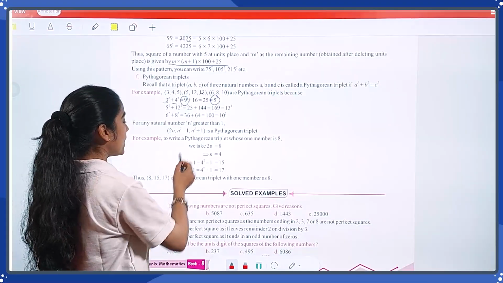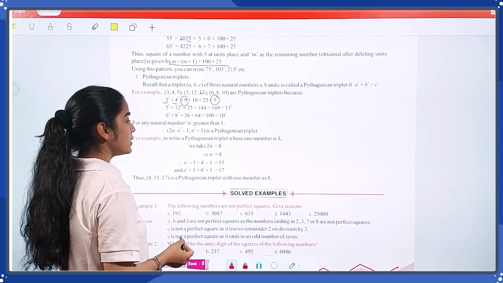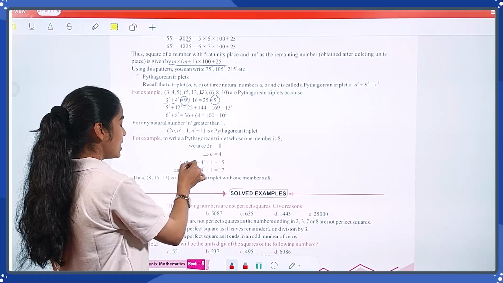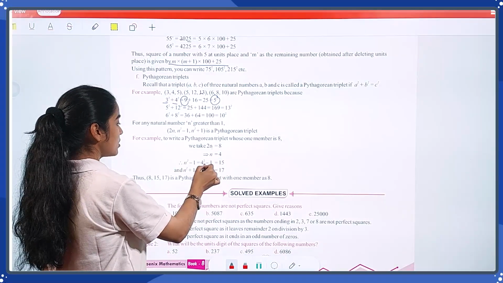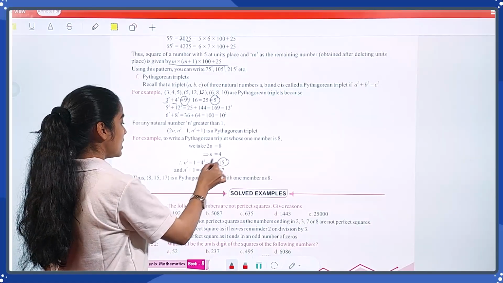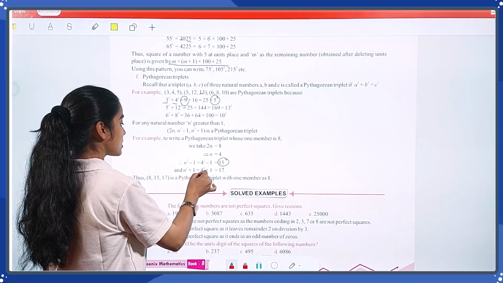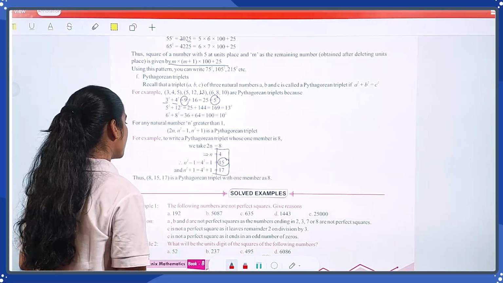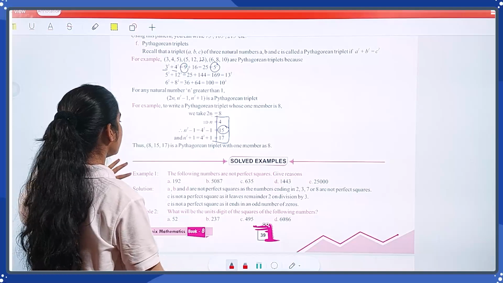Now, to write a Pythagorean triplet whose one member is 8, we take 2n equal to 8, so n is equal to 4. Now, n square minus 1 is 16 minus 1, which is 15. The second one is n square plus 1, which is 16 plus 1, that is 17. So these three are your Pythagorean triplet: 8, 15 and 17.